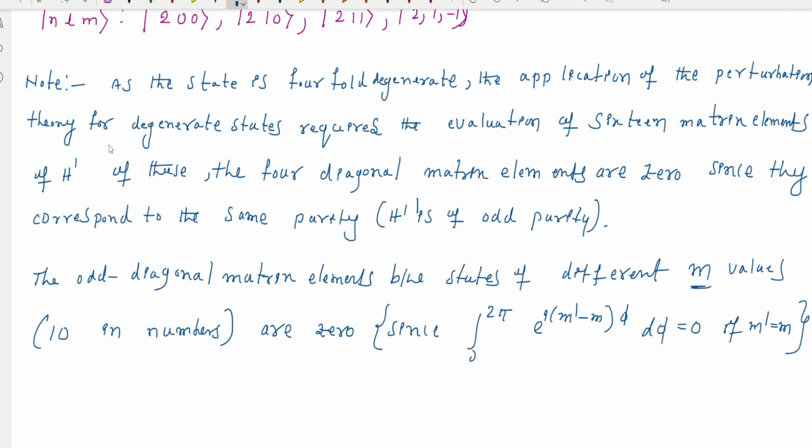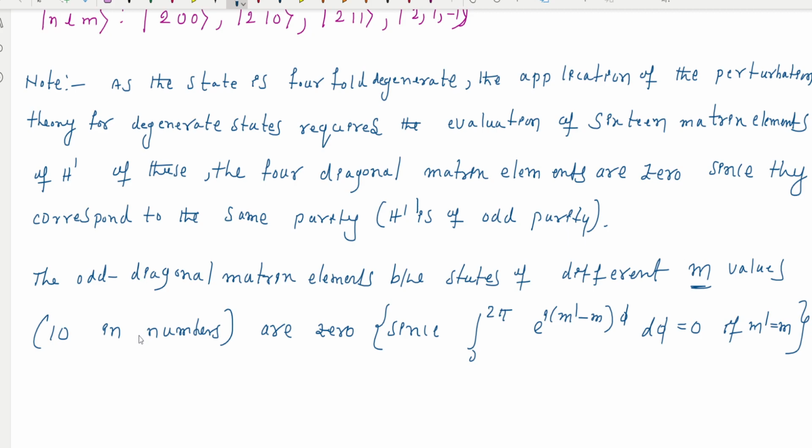So out of the 16 matrix elements, 4 are diagonal with the same parity and go to 0. The remaining 10 off-diagonal elements between states with different m values also go to 0.